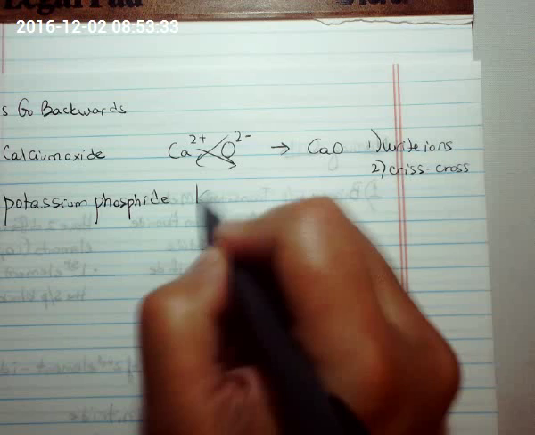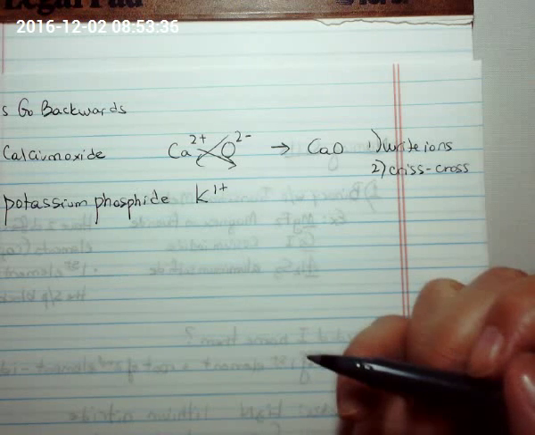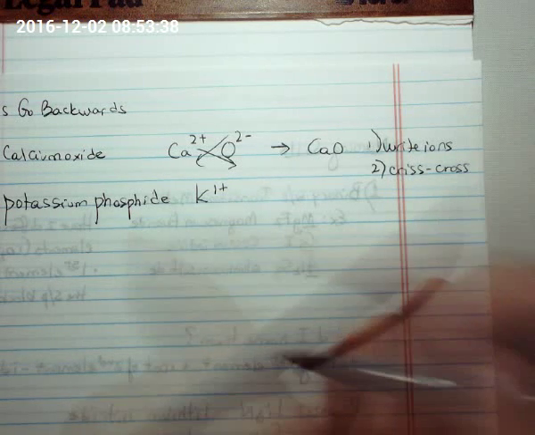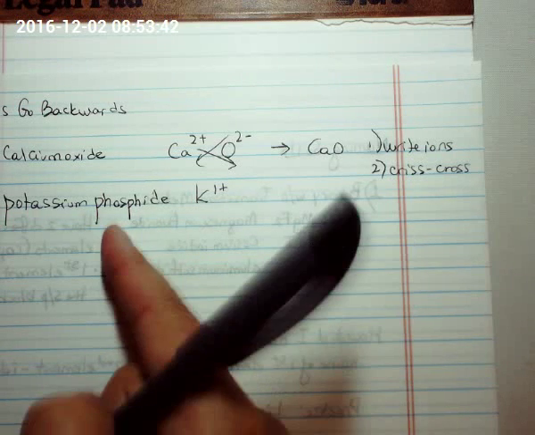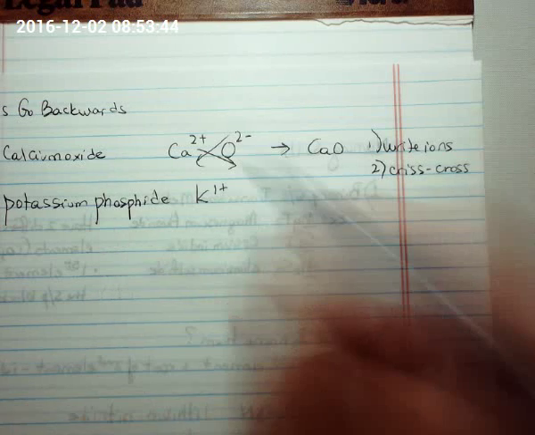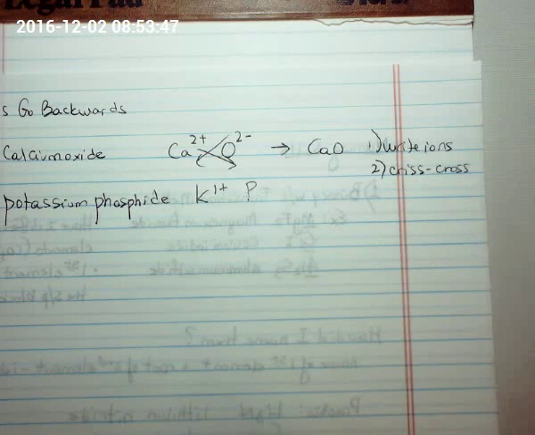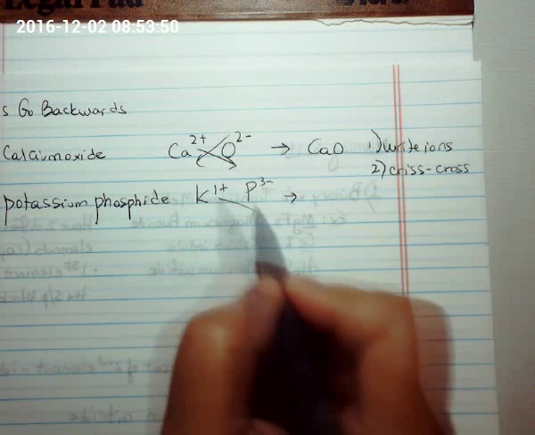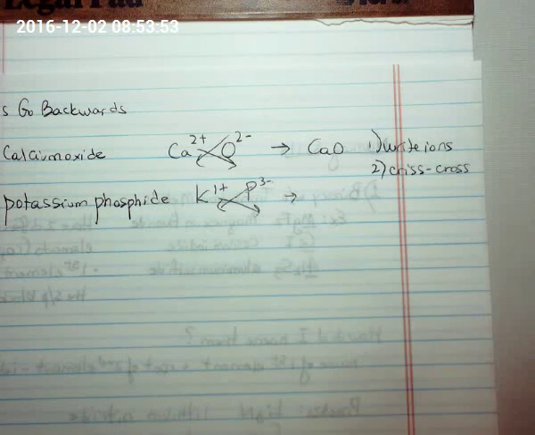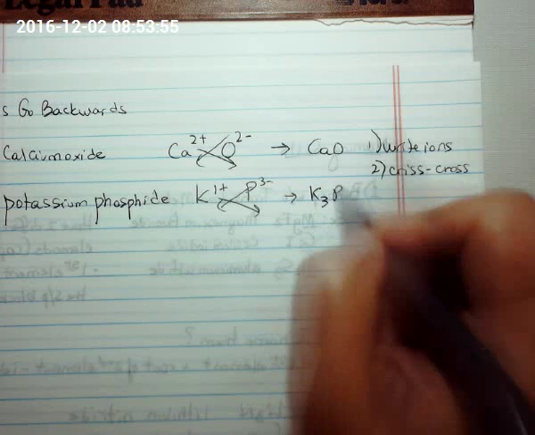It's K 1 plus. And then phosphide, what is that? If it ends in "ide," am I just talking about the element for the most part? All right, so what element is that? Phosphorus. What's the charge on phosphorus? 3 minus. And then once I write the ions, I crisscross. What do you end up with? K3P. Excellent.